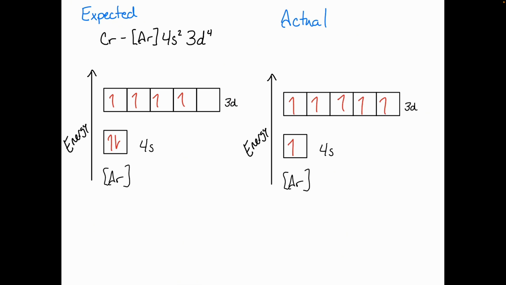It takes the electron that used to be in that 4s and moves it up to that missing spot in the 3d, so it gets that extra stability from the half-filled d orbital. So the actual electron configuration for chromium is argon plus 4s1 3d5.